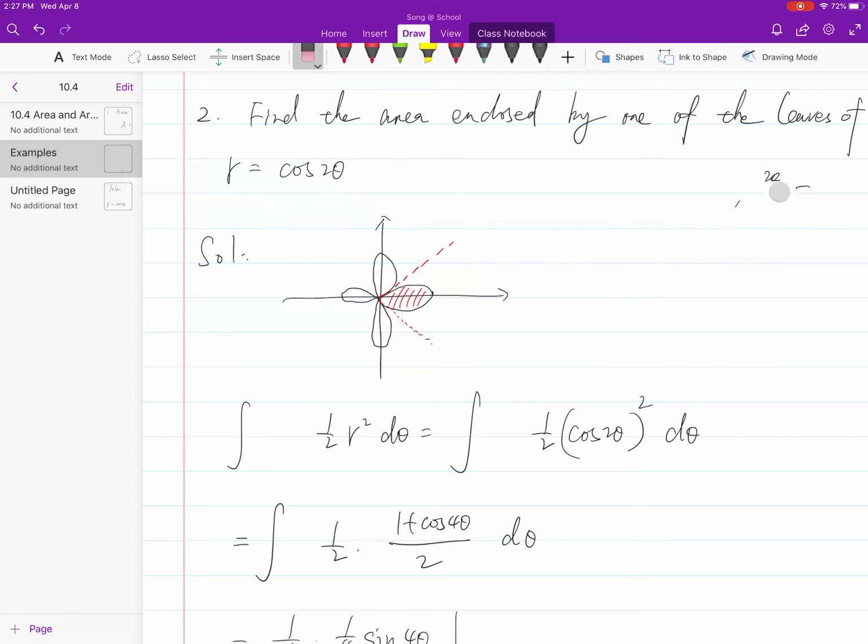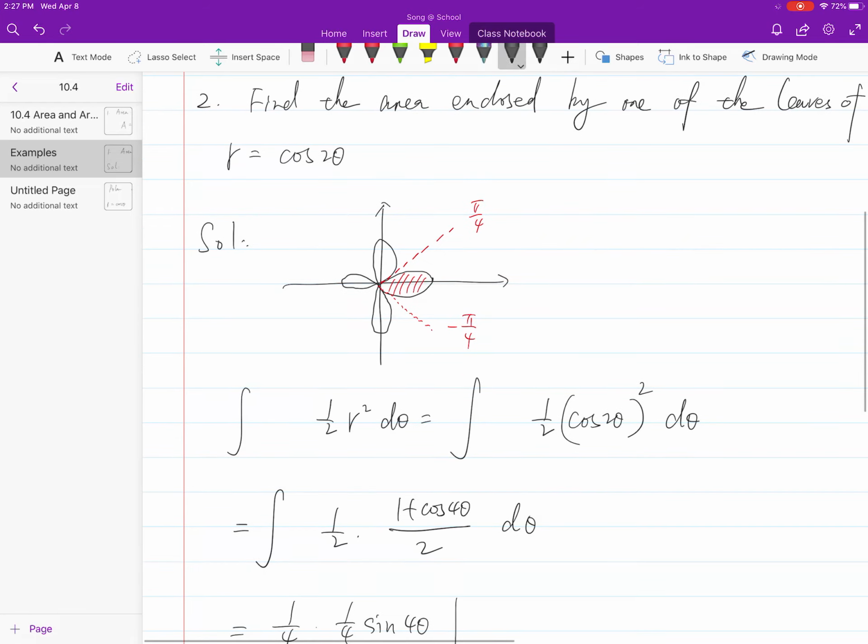Okay, so you have to know this is pi over 4, and this is negative pi over 4 by symmetry. How did we get that? Go back and try to practice how to draw this. So from here you can see drawing polar coordinates or knowing the drawing of the polar coordinate shape is very, very important. Otherwise you won't be able to figure out where is the starting and ending point.